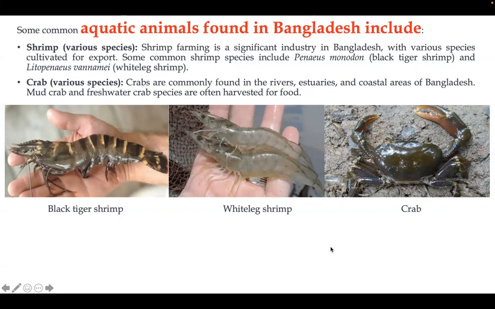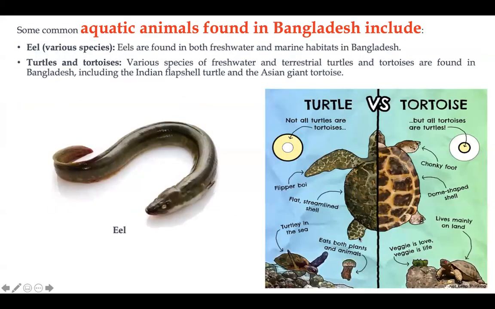Nowadays, for the last few years, the crabs are also sold in different fish markets in Bangladesh, and people are eventually buying and trying them as an alternative protein source. And we have some other aquatic animals like the eel.